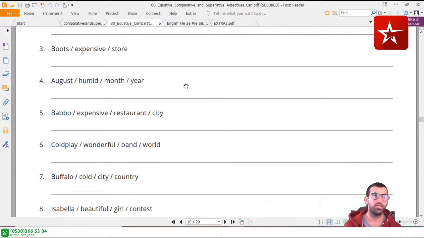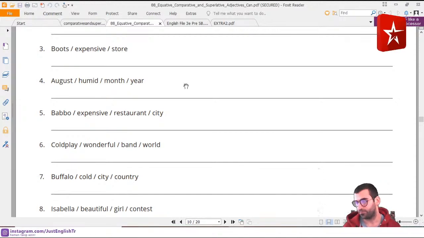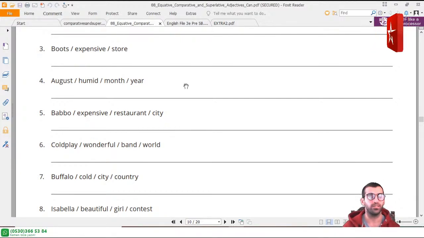August, humid month, year. Okay, this is a really interesting sentence, and I should make sure how you write this sentence. Okay, let me check your answers. Are they correct or not? August, humid month and year.